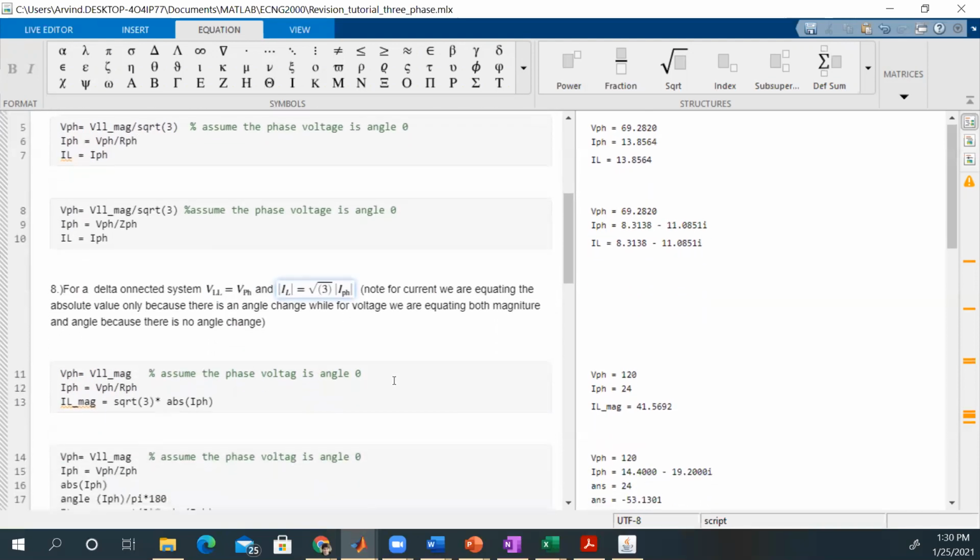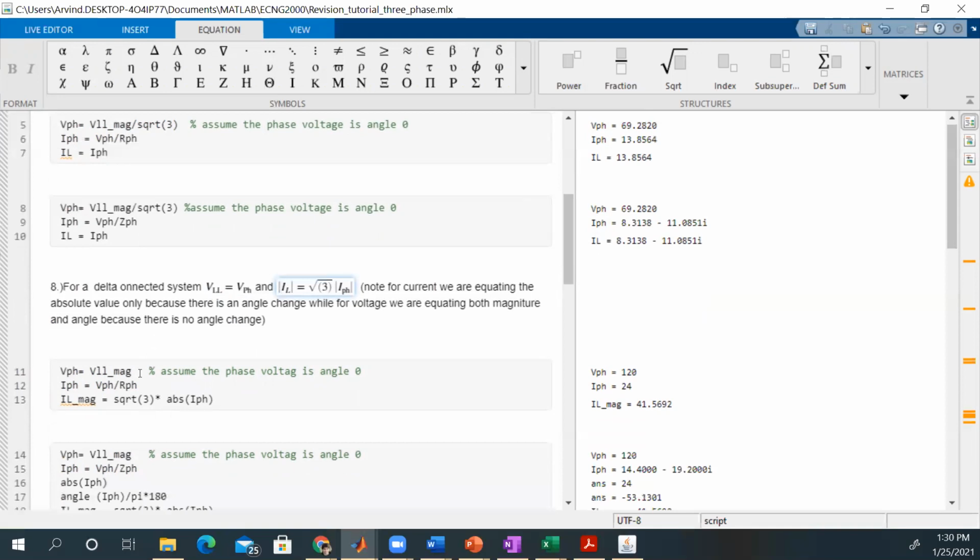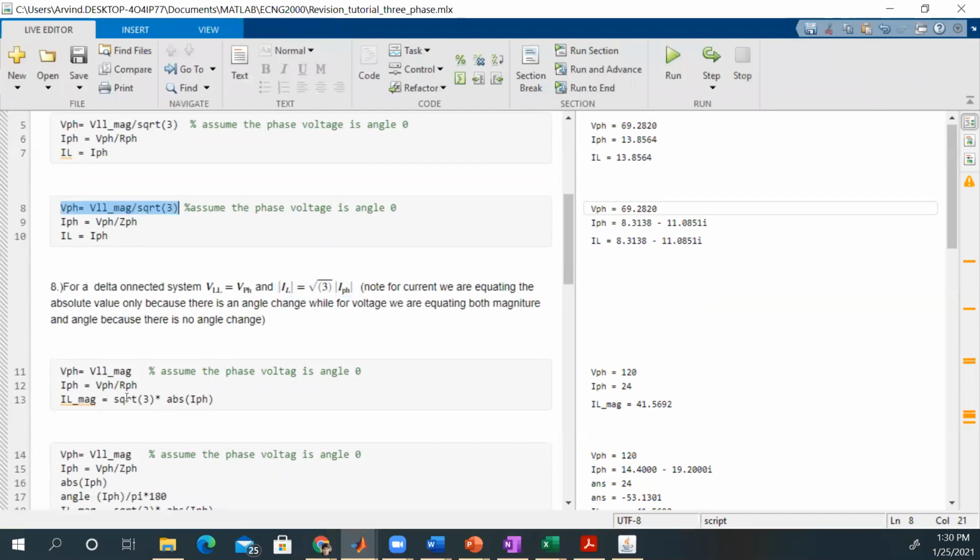Good. So we want to find the voltage again. We're going through the same process. This time, here we divided by √3 to get the magnitude. Here we don't have to divide by √3. It is exactly the same. We assume the phase voltage angle is 0 still. So V phase is equal to V line to line magnitude. That is 120. Both of them will have an angle of 0 in this case. I phase, V phase on R phase, which is 24.